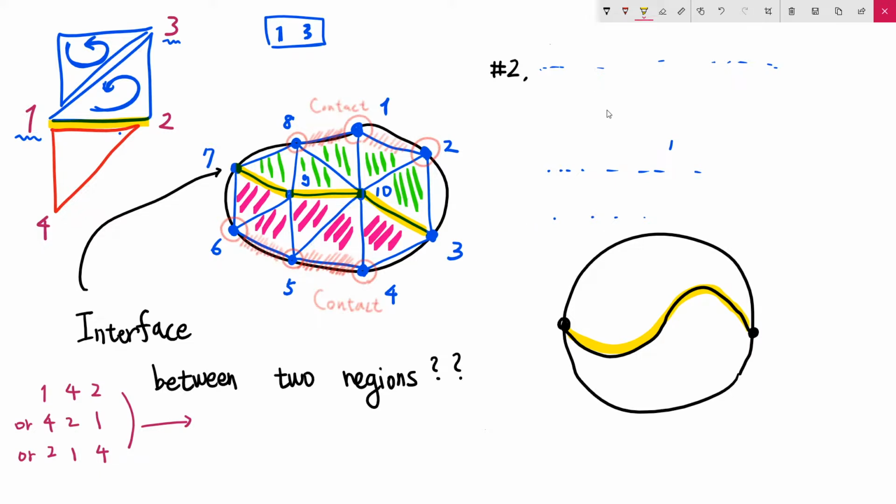Okay, this time you don't have to calculate any quantity, meaning that numerical calculation is not required, just visualize it and find out the interface. Quite easy.